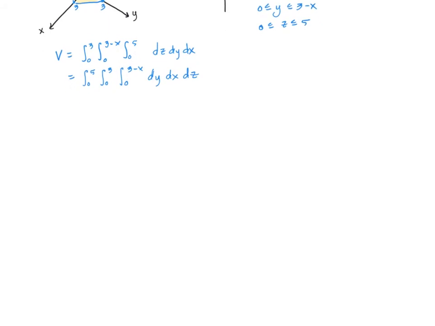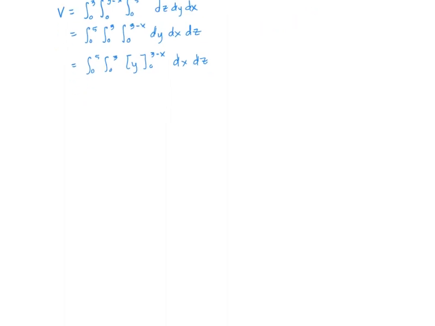And now when I integrate with respect to y, I get y evaluated at 3 minus x and 0. The 0 will go away. So this is a dx dz. The integrand is now 3 minus x.